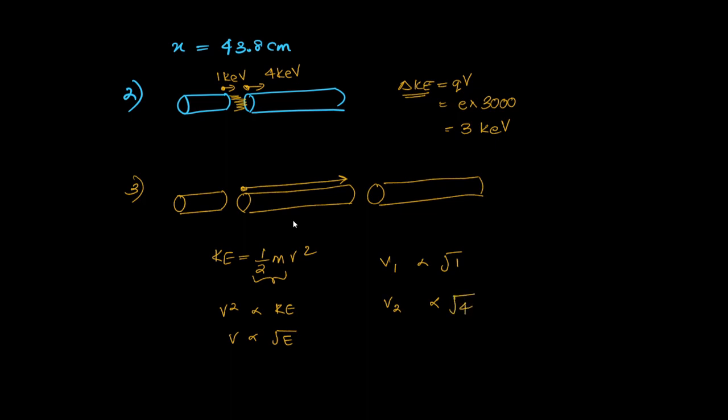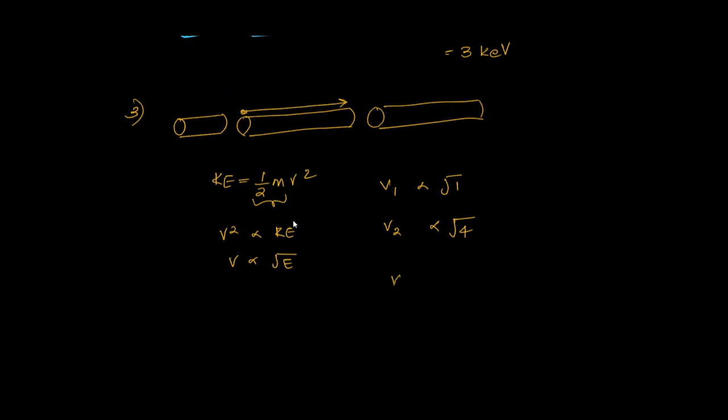So v1 over v2 is equal to 1 over 2. So v2 is twice of v1. That's 2 times 4.38. We calculate, we get 8.76 meter per second. So again, it travels for a period of 1 microsecond.